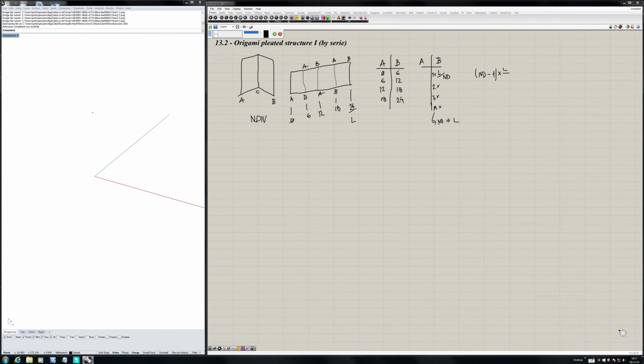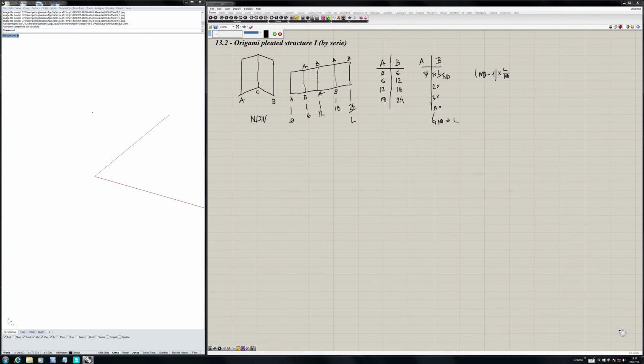So if I have, in level 1, this is not n div but n, on the first one n minus 1 is 0, and 0 multiplied by any number is 0.